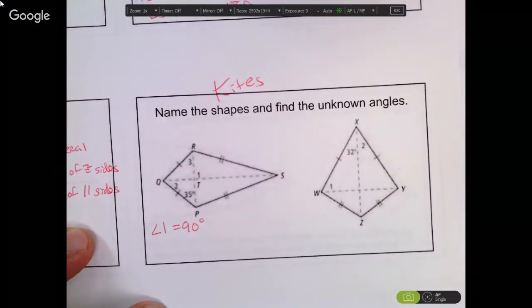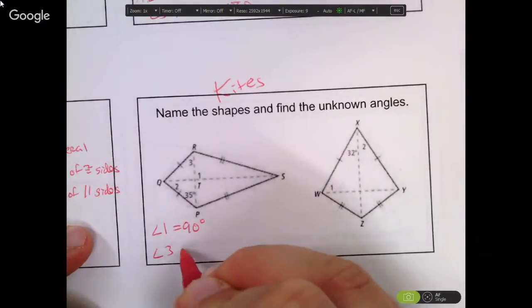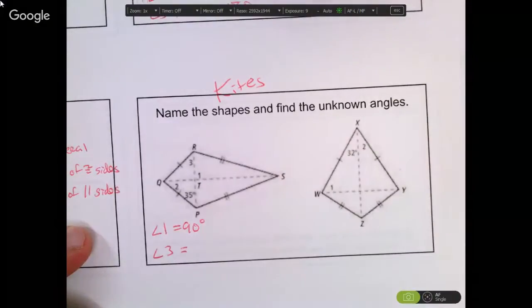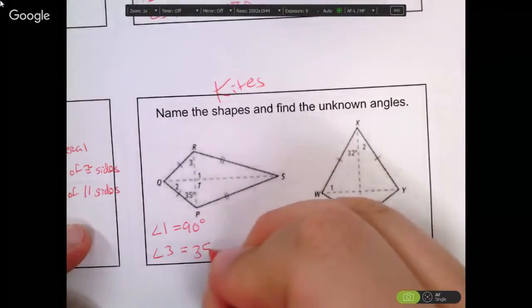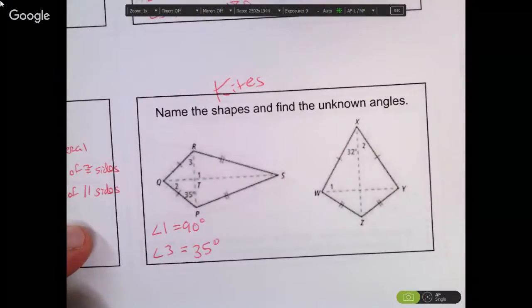So that tells me that angle T is 90. Angle 3, what do you think that is? 35. And how would you say that that's 35? Definition of isosceles.